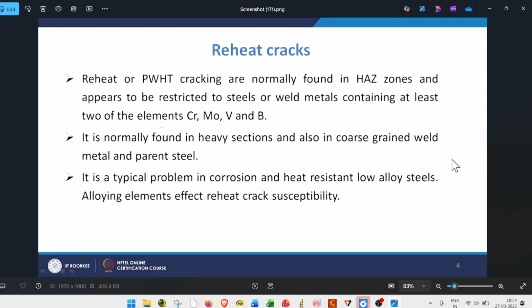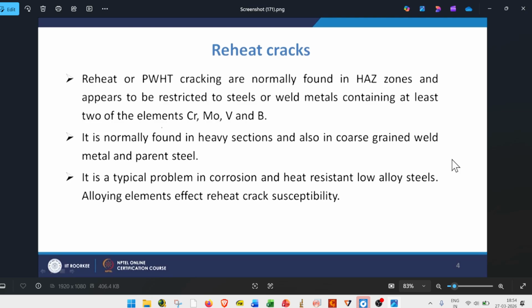Reheating or post weld heat treatment cracking is normally found in the heat affected zone, and appears to be restricted to steel or weld material containing at least two of these elements: chromium, molybdenum, vanadium. Why is that?